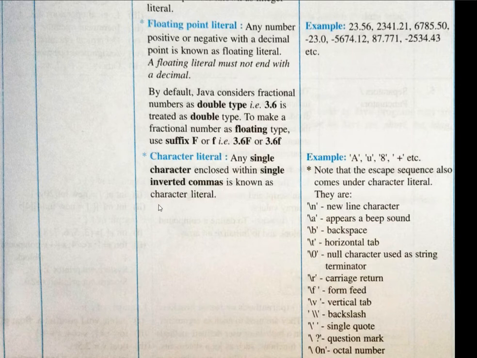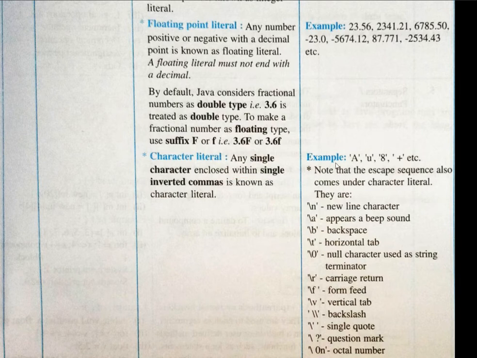In that case, it will be called a string literal. So you should be able to understand the difference between a character literal and a string literal, because a character literal is enclosed in single inverted commas and a string literal is enclosed in double quotes.